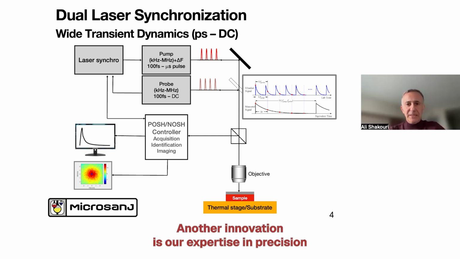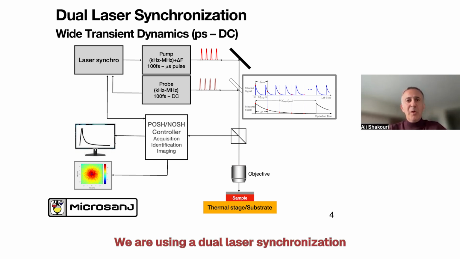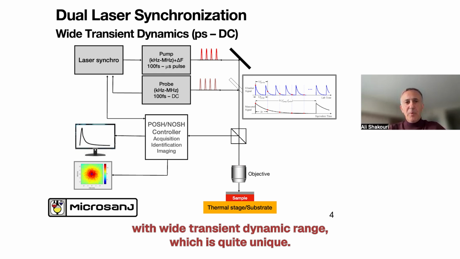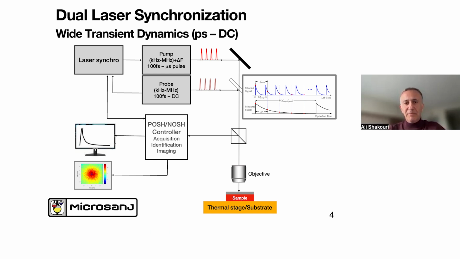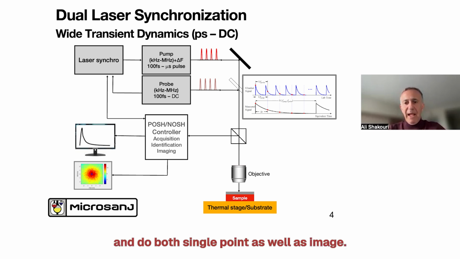Another innovation is our expertise in precision timing and synchronization used in lock-in imaging. We are using a dual laser synchronization with a wide transient dynamic range, which is quite unique. We can go from hundreds of femtoseconds to microseconds, even DC, and do both single point as well as imaging.